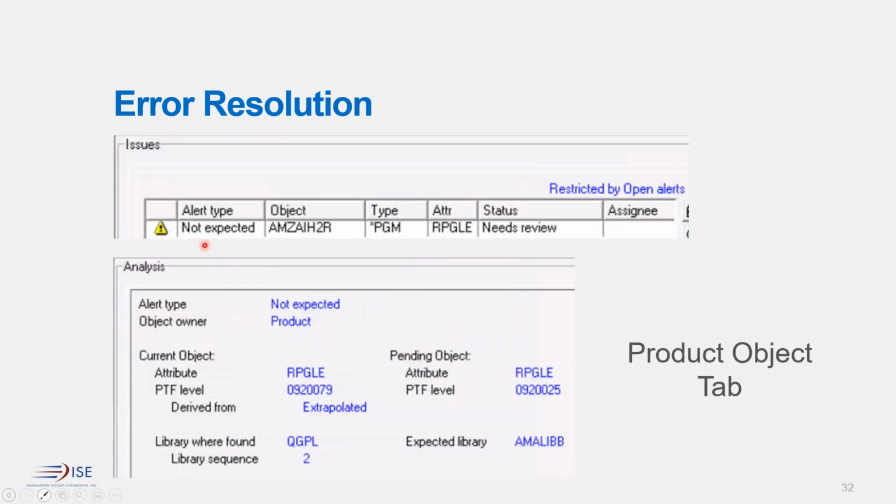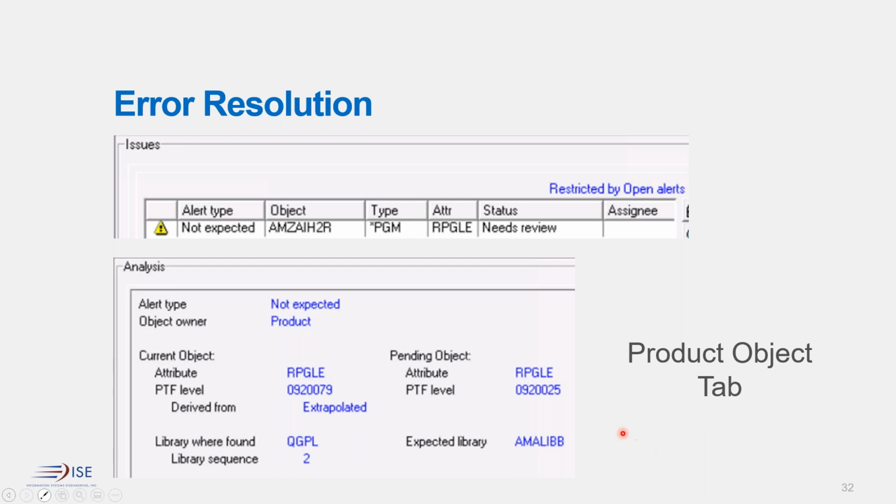Here I'm zooming in on that same error message. We have this object that starts with AMZ, and it's saying it needs review because there was a not expected alert with it. If you double click on this, it's going to open up a new screen, and that screen is going to have several subtabs on it. What I'm showing you right here is what you will see if you click on the product object tab.